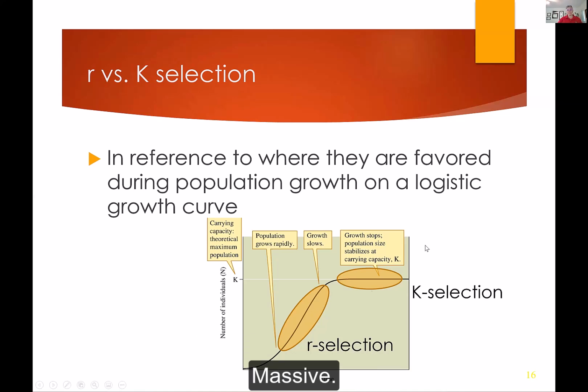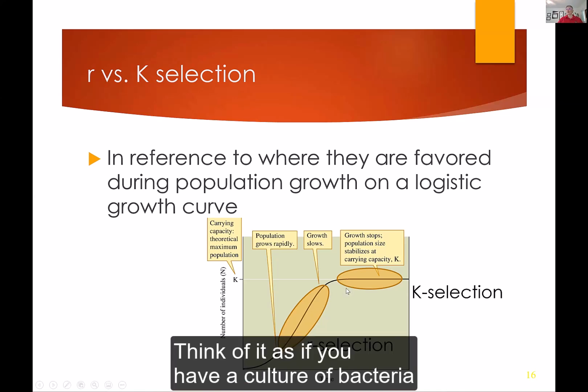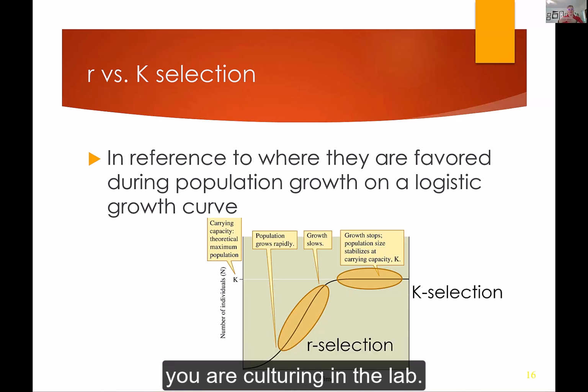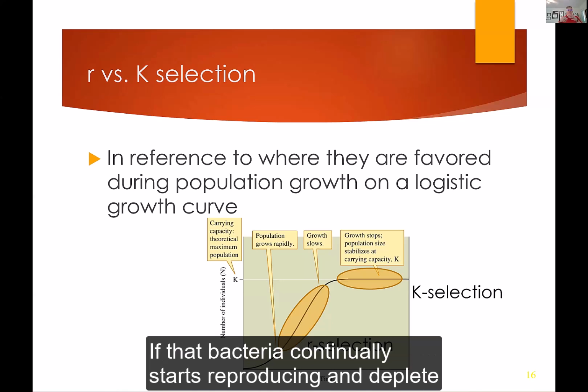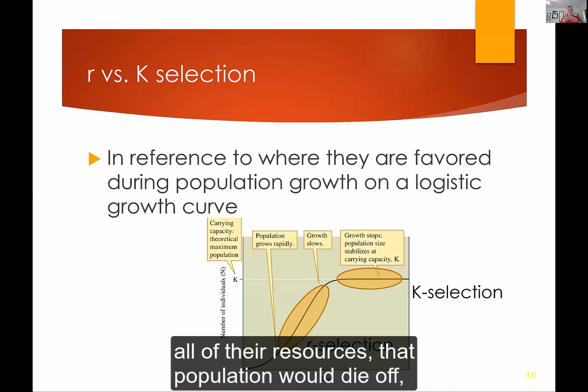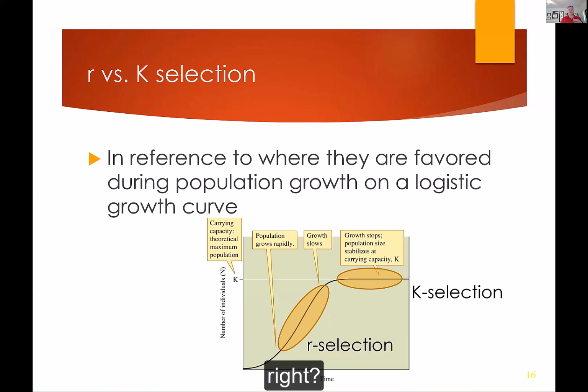Massive, right? Think of it as if you have a culture of bacteria, right? You are culturing in the lab. If that bacteria continually starts reproducing and depletes all of the resources, that population would die off, right?